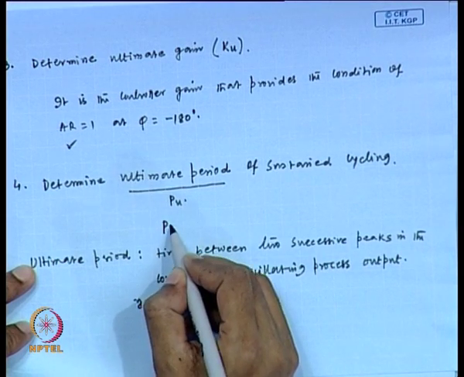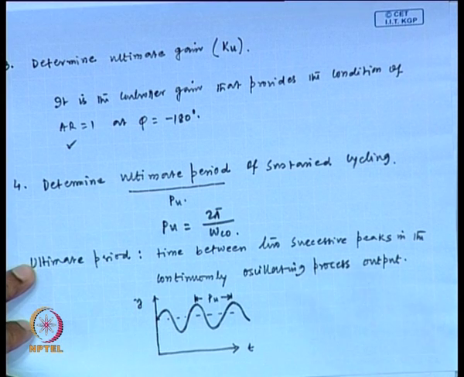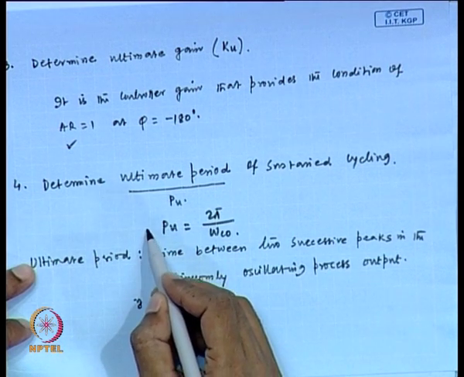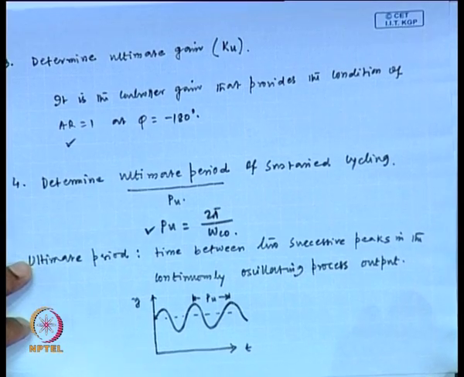Therefore, we can write this Pu equal to 2 pi divided by omega CO. Fine. So, this is the ultimate period of sustained cycling.